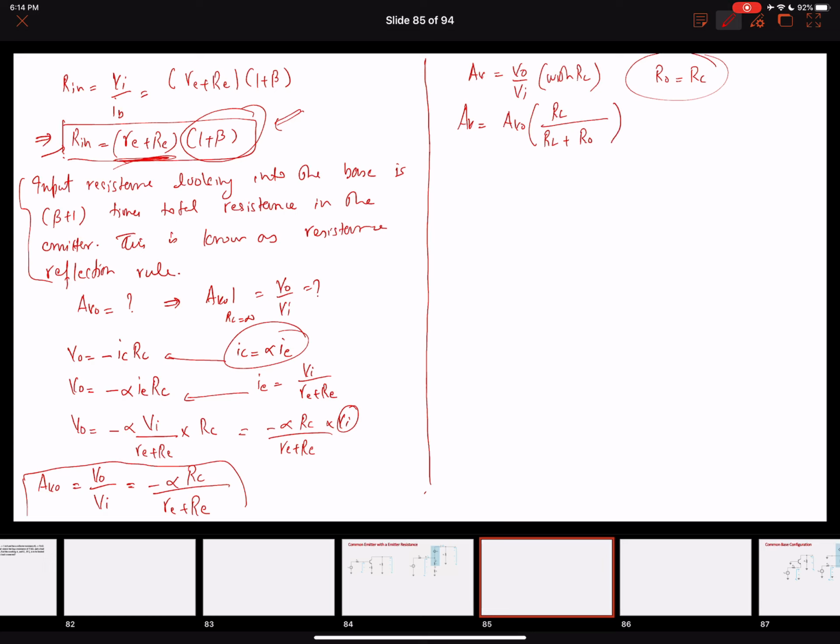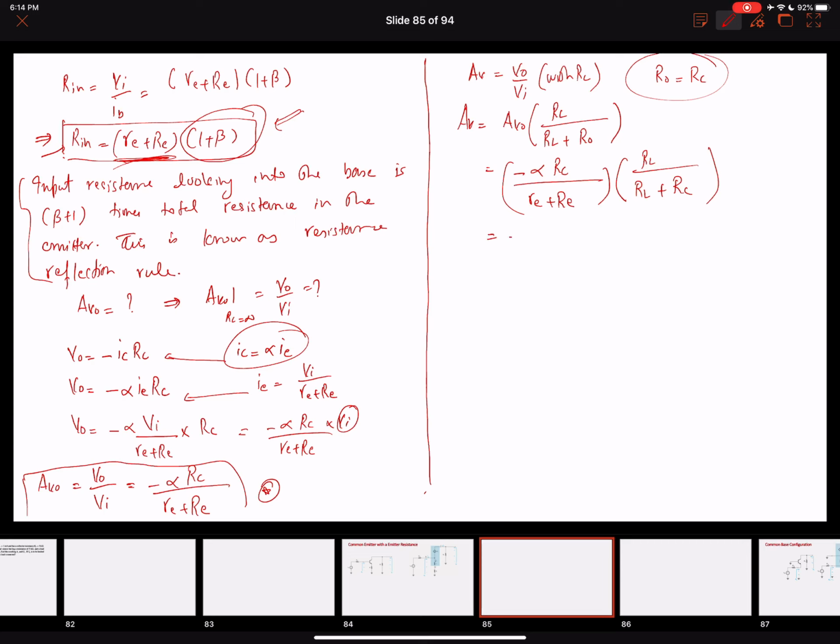We know the value of AV naught from here, which is equal to minus alpha times RC over RE plus RE, multiplied by RL over RL plus R naught, where R naught is RC. So this is the value.